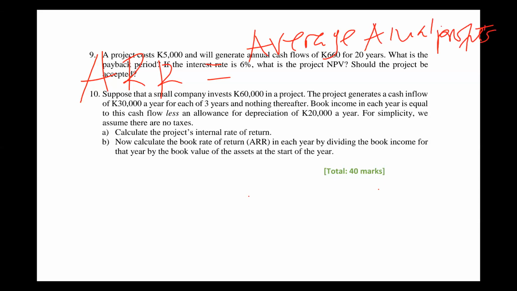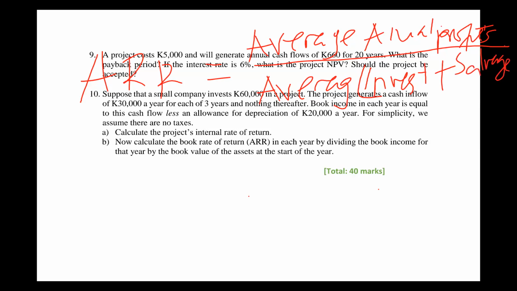Average annual profits, all that divided by the average initial investment plus the scrap value or the salvage value. That is very important. Multiplied by 100. That is how you find the accounting rate of return or the average rate of return.